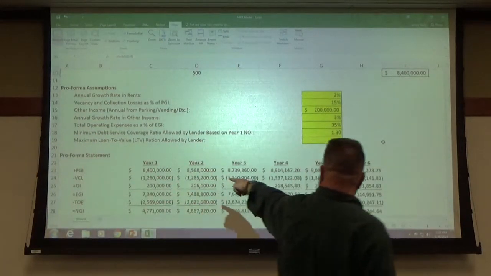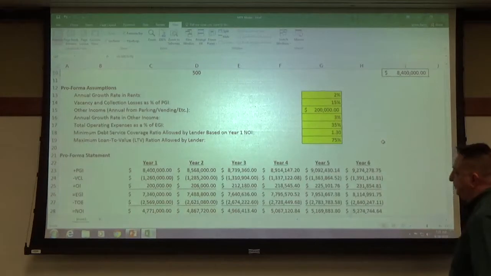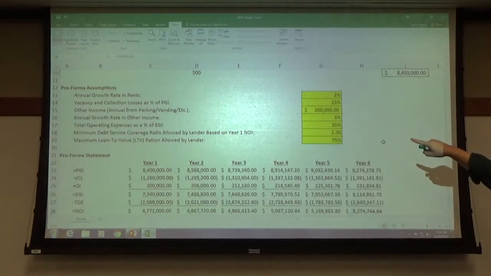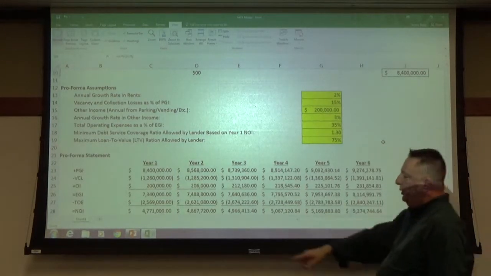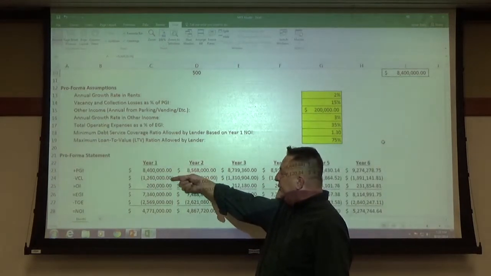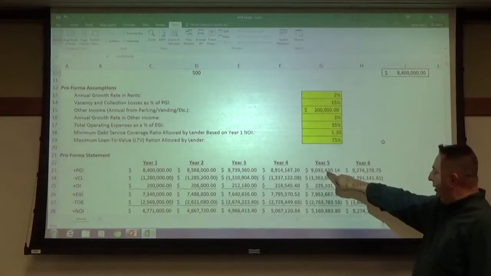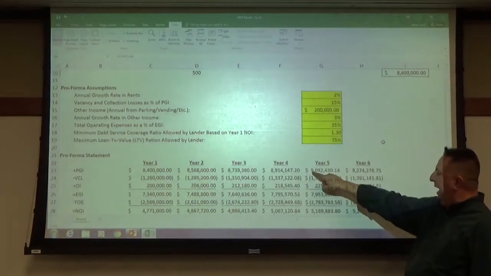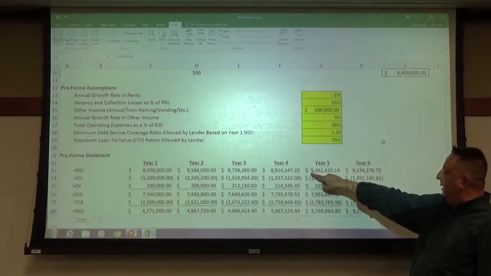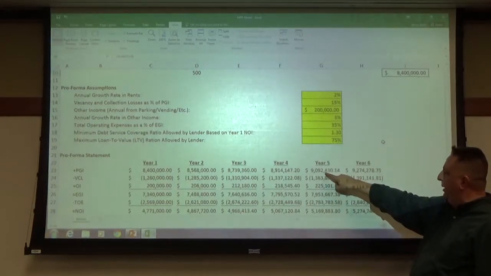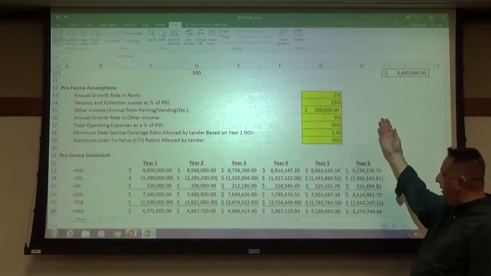All right, the next line item we have is an assumption for vacancy and collection losses as a percent of PGI, 15%. So for each year, you're going to simply, like for year 5, somebody said year 5 PGI is 9,092,430.14.